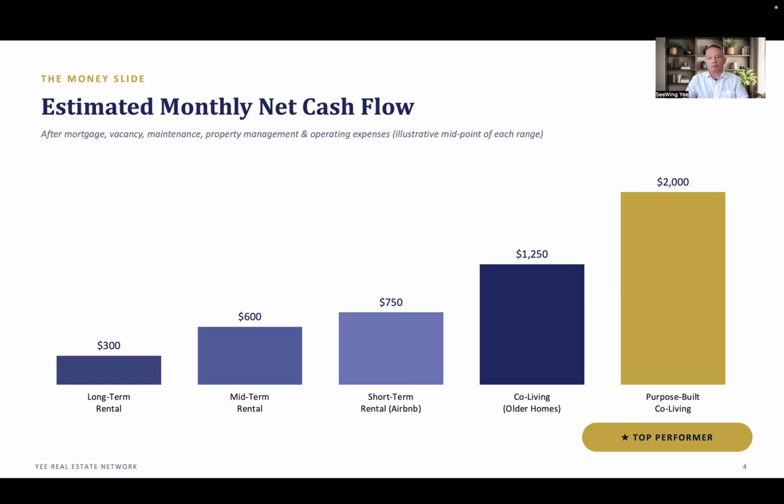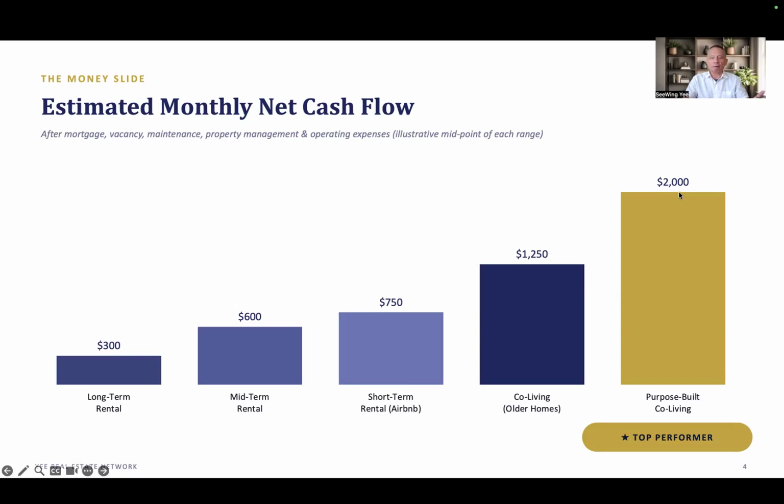It rents for $1,000 per room per month, around $14,000 gross rent per month. After the 25% down payment and minus all debt obligations and expenses, you have a net cash flow of $2,000.